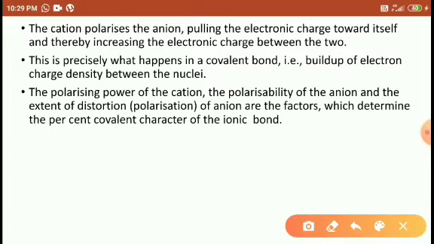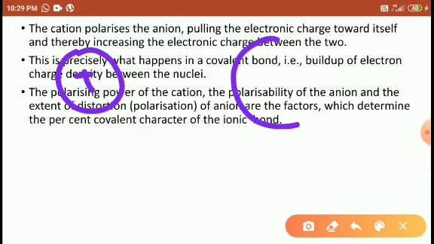So what happens in a covalent bond? Electron density builds up between the nuclei. The polarizing power of the cation, the polarizability of the anion, and the extent of distribution of the anion are the factors which determine the percentage of covalent and ionic character. So why does the electron density increase at one end?